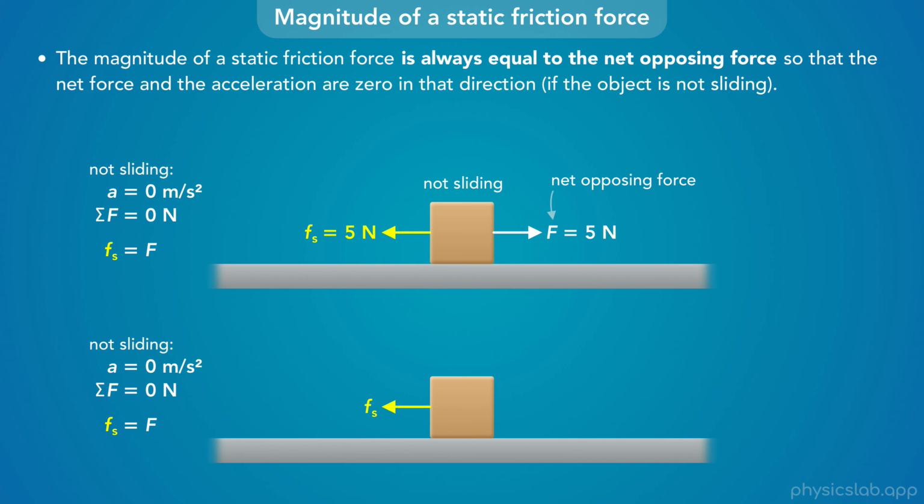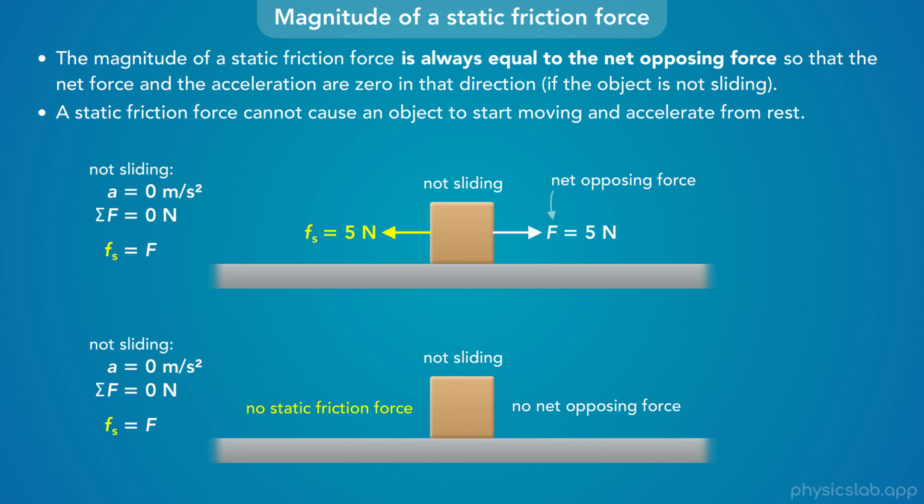If there was some static friction force and no other horizontal forces, the static friction force would cause the box to accelerate in that direction, which can't happen. So keep in mind that a static friction force cannot cause an object to start moving and accelerate from rest. If it did, all of the objects around you would start accelerating, and nothing could just sit on a surface at rest. So if there's no force to oppose, then there's no static friction force.